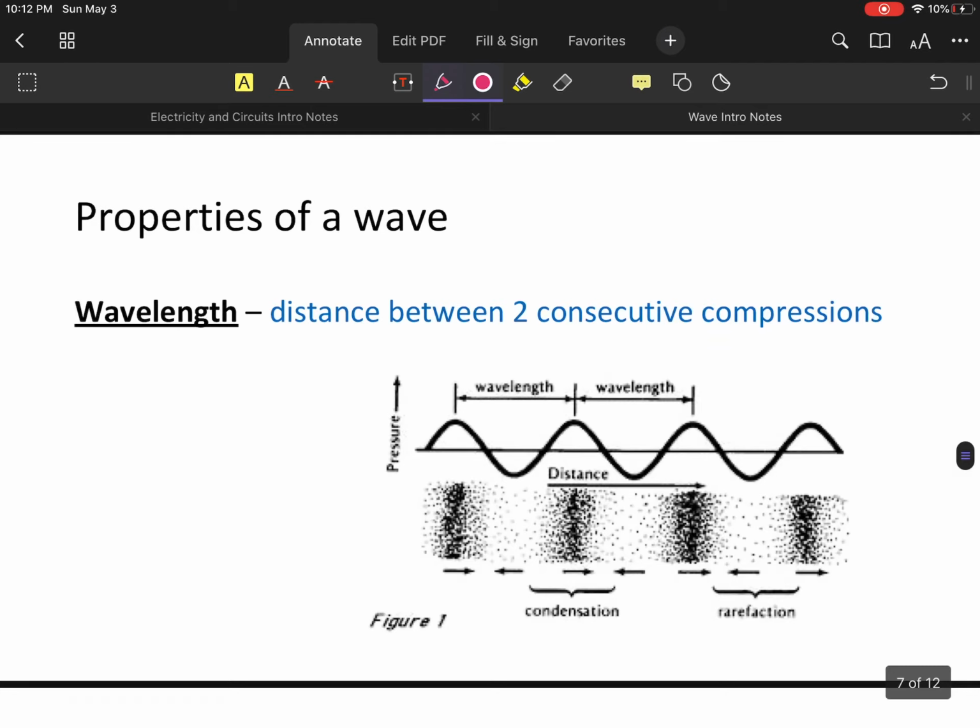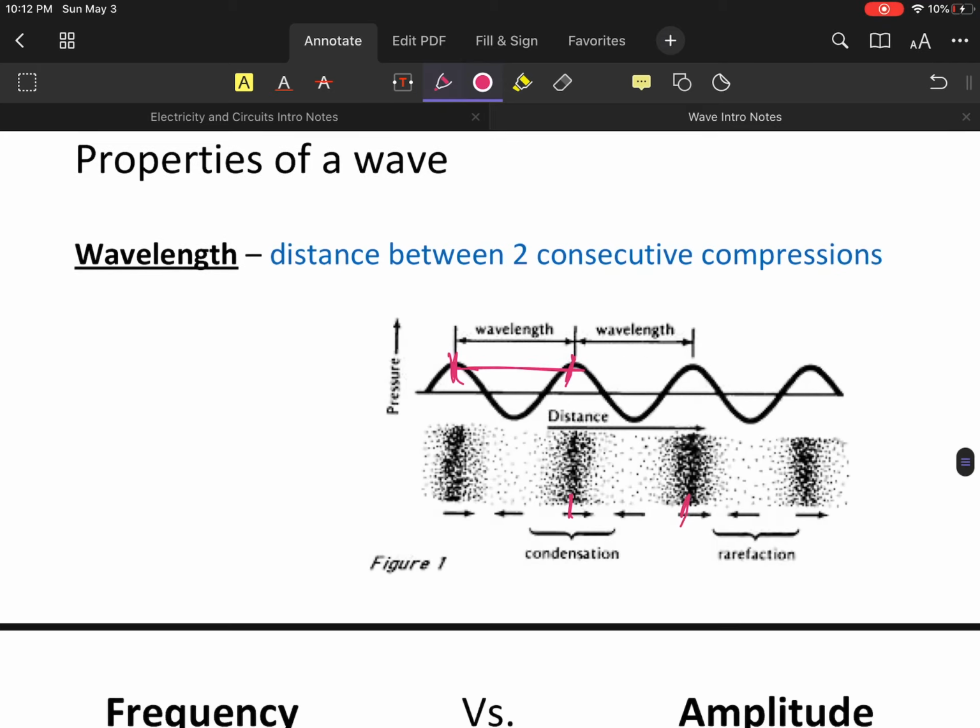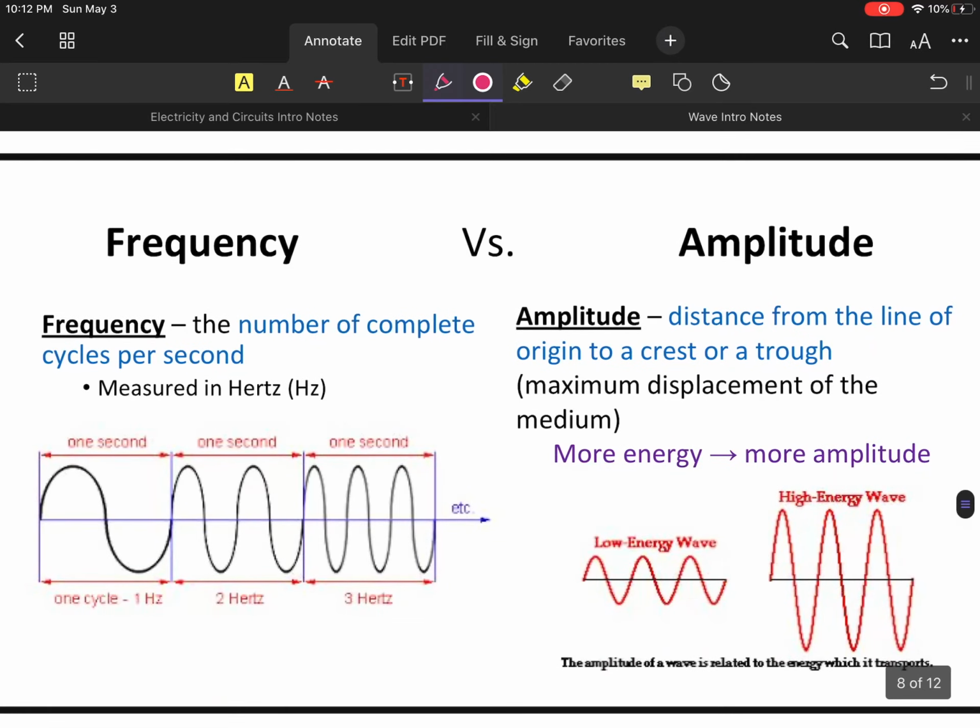Properties of a wave, we've talked about wavelength. So this is either from a compression to a compression or a crest to a crest. Okay. Frequency is just how many waves there are every second. Okay, so per second is the key word, and we measure these in hertz. I can determine where one wave begins and ends because I measure from the same point.